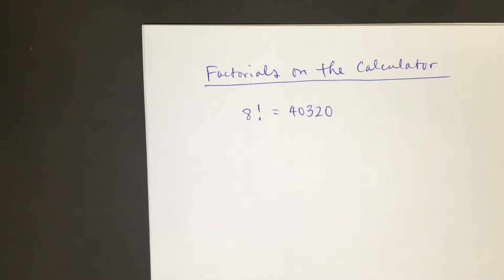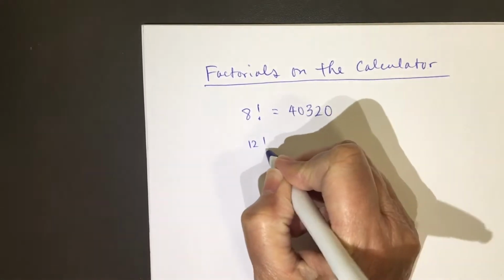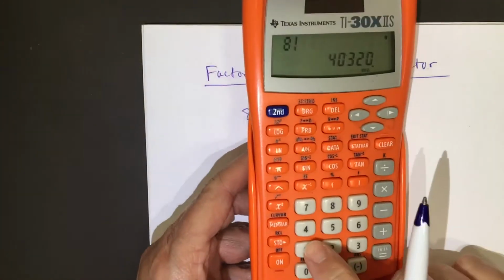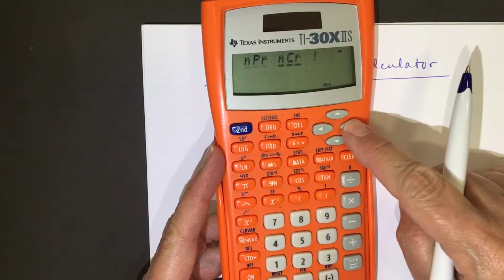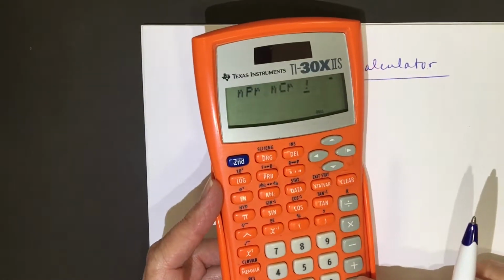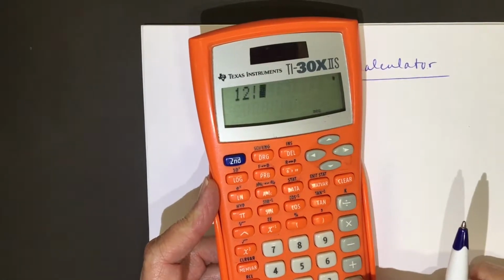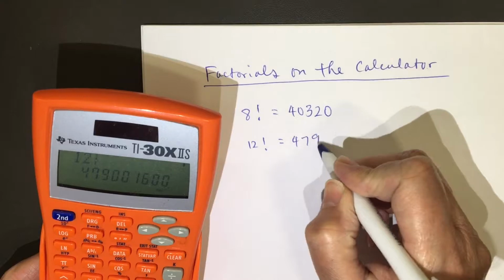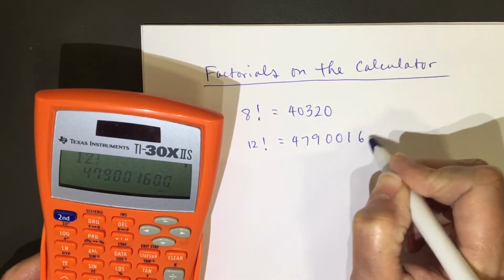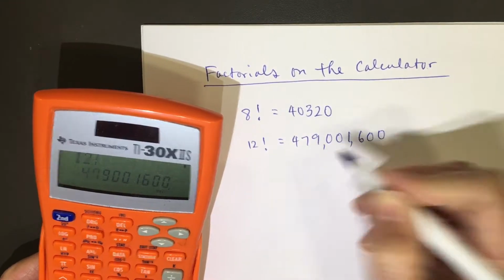It doesn't take long for the number that you're calculating to get really big. So, for example, 12 factorial. 12, probability, PRB key, underline the exclamation mark, press equals again, 12 factorial. 479,001,600.